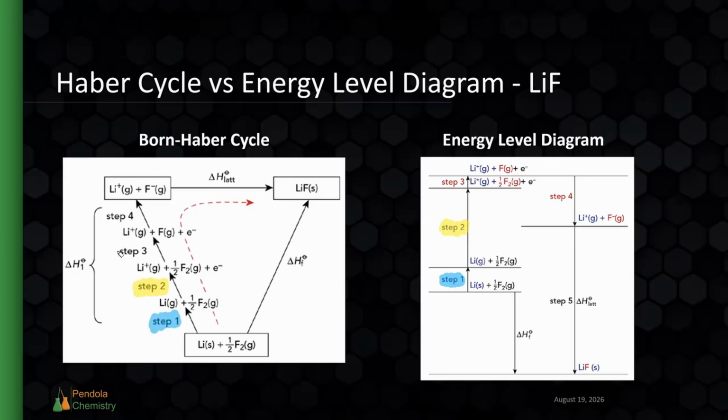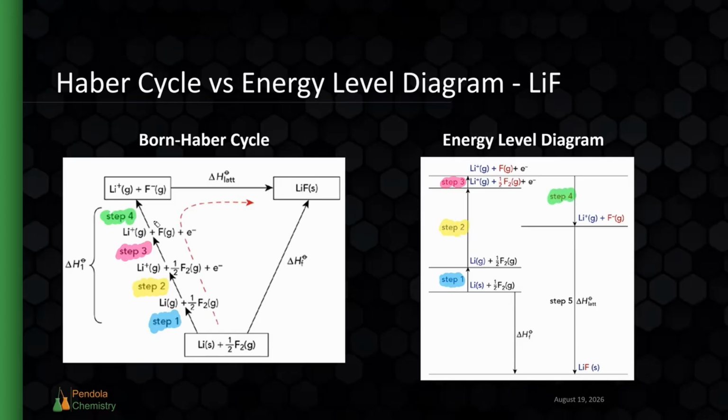Step number 3. The change here is that the fluorine is being atomized. It goes from 1/2 F2 gas to F gas. That's the same step number 3 right here. Exact same beginning, exact same end. Points up because it's endothermic. If we look at step 4, going from the fluorine gas to the fluorine minus gas, step number 4 is right here as well.